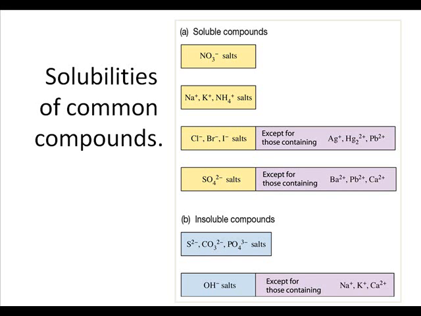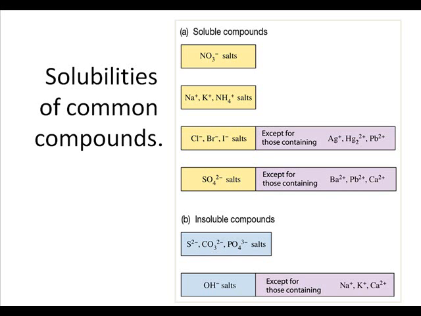Now take a look here. Chlorine, bromine, iodine, any compound that has that in it is going to be soluble. It's going to remain dissolved. But if chlorine or bromine or iodine is attached to silver, mercury, which is Hg, or Pb, which is lead, then it does precipitate out.